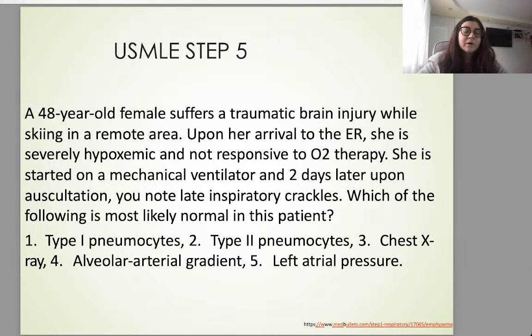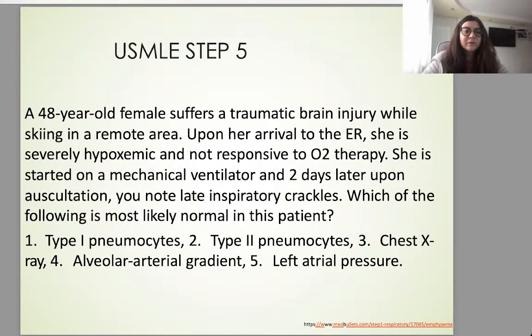And about this subtopic, a USMLE Step test. A 48-year-old female suffers a traumatic brain injury while skiing in a remote area. Upon her arrival to the emergency room, she is severely hypoxemic and non-responsive to oxygen therapy.